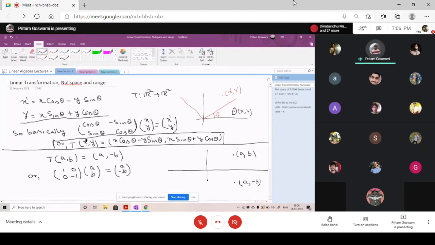That will give you the point after rotation. So that is basically a linear transformation.